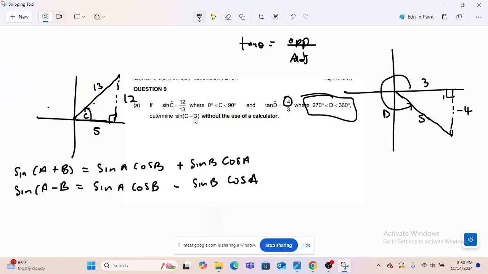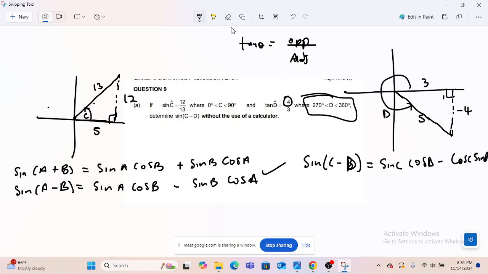In this case, we have sine C minus D, so we're actually going to use this one. We know that sine C minus D will be sine C cos D minus cos C sine D. You get it?